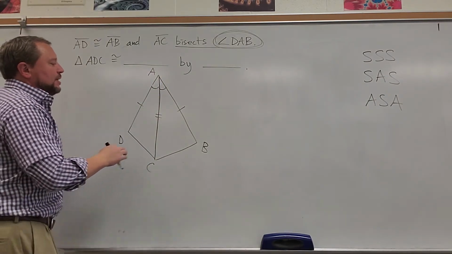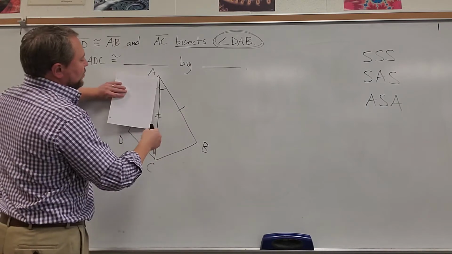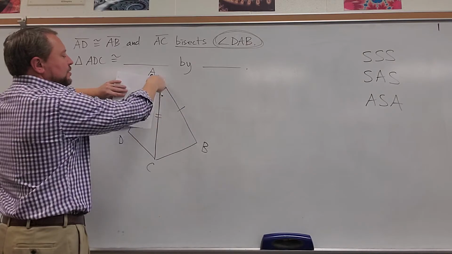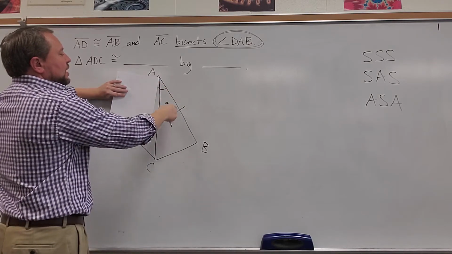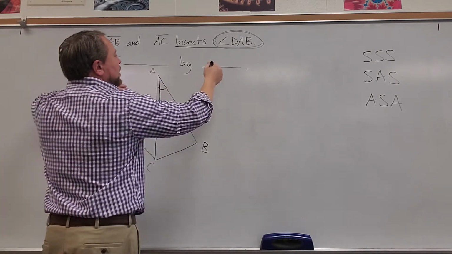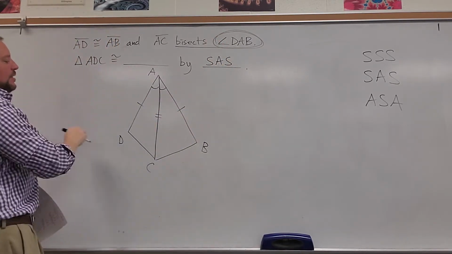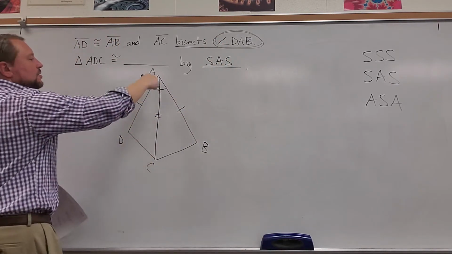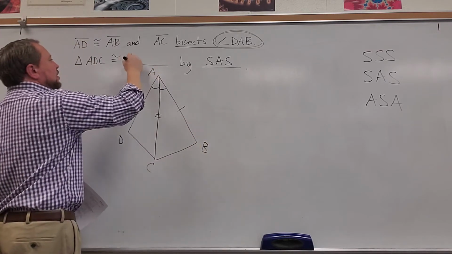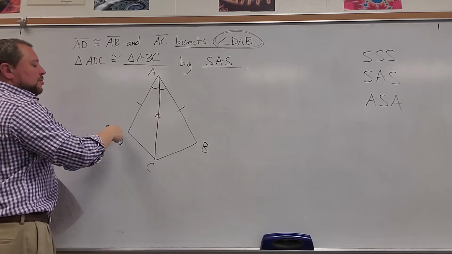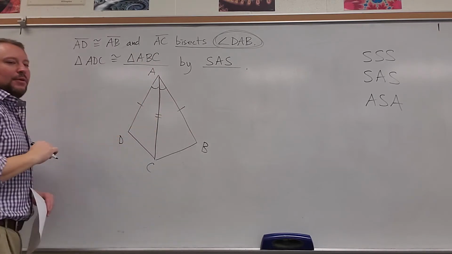And now I can see, once again, like on our last problem, we've got two sides and the angle in between. See that? Two sides and the angle in between. So I could say by SAS again that triangle ADC is congruent to triangle ABC. If you try to put those in the same order, see it's a flip again, a reflection.